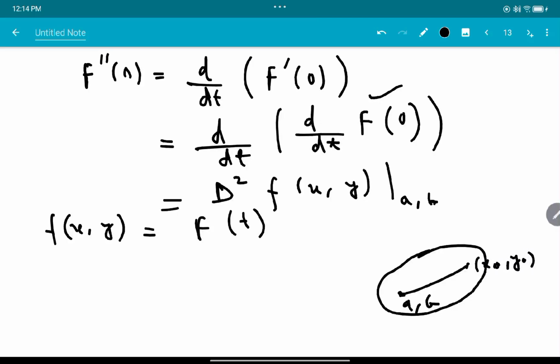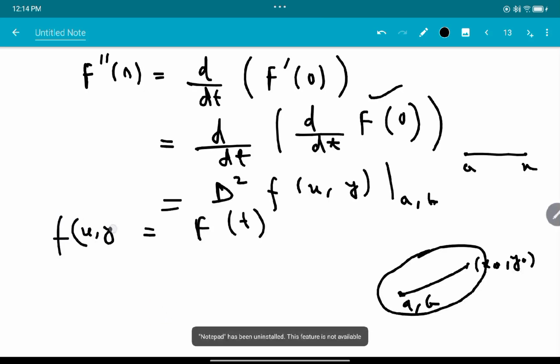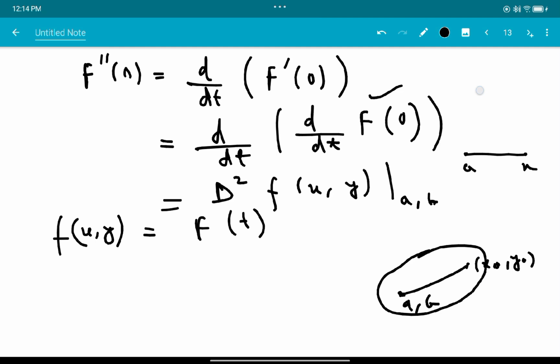Here instead of x y, we have x naught y naught. We write x naught y naught is equal to f t. We can also write f x y. Let's keep that f x y, because we will be using this transition coordinate f x y.